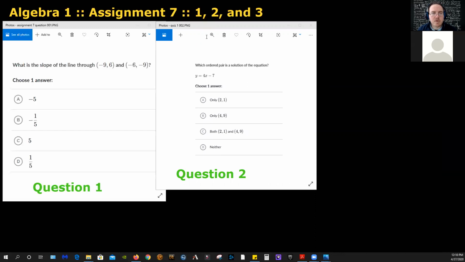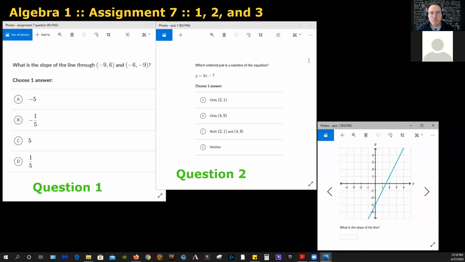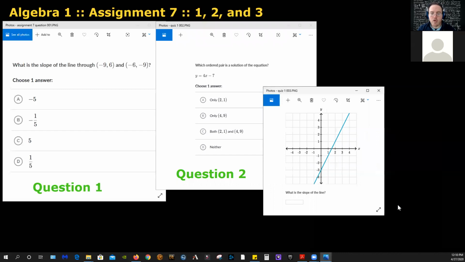Now, if question 3 doesn't fit real well, I'm going to have to peel these down, and you can just pause and replay this all you want on YouTube. But I think we can fit them on, and chat will be able to tell me if they're all visible.